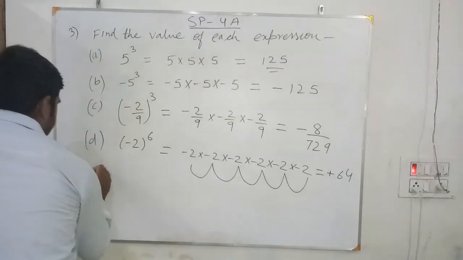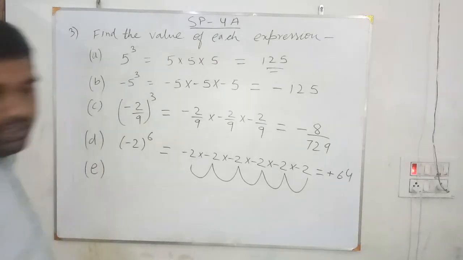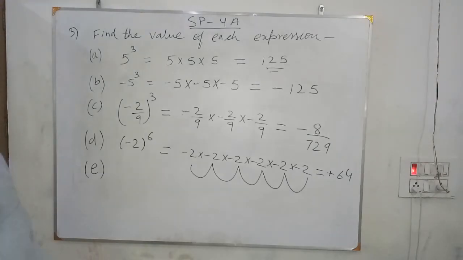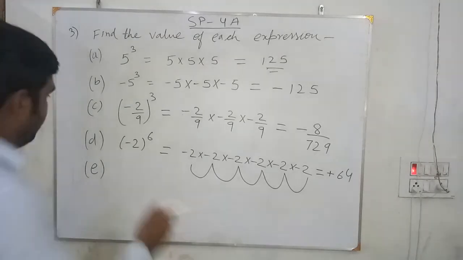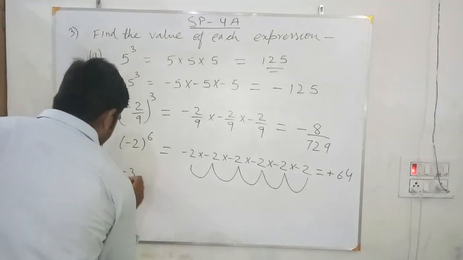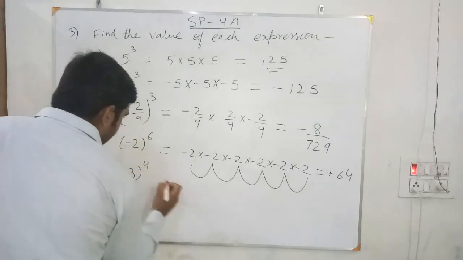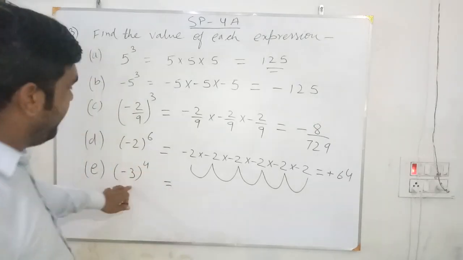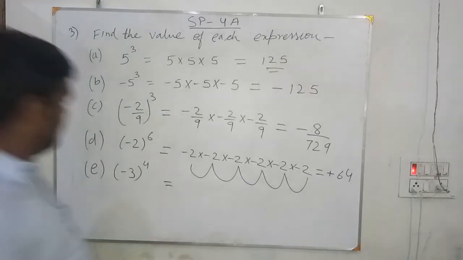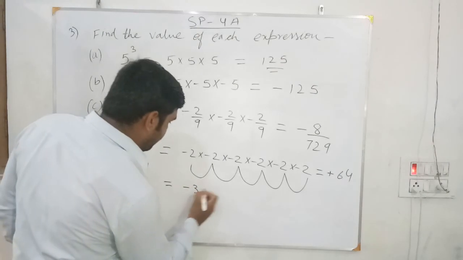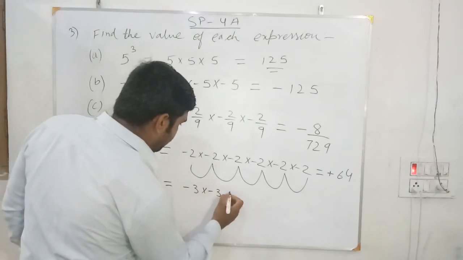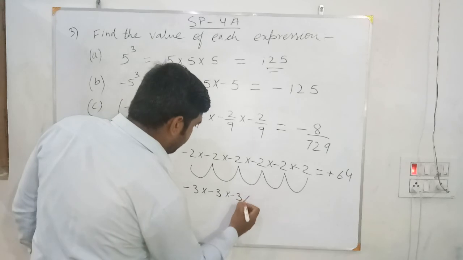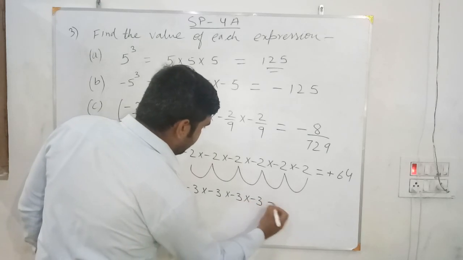Next question, E. Minus 3 to the power 4. This means what? Multiply minus 3 by itself 4 times. Again, minus 3, minus 3, minus 3, minus 3.